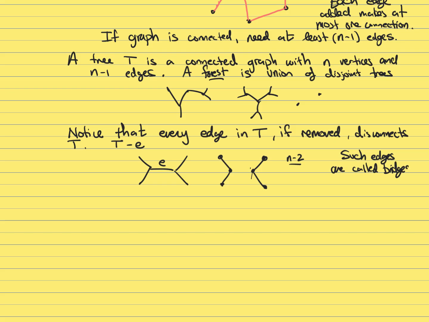I drew a similar picture for the case of Hamiltonian cycles. This was an edge where if you had a graph over here and some graph over here, together it's a connected graph, but if I remove this edge, it becomes disconnected. So that's called a bridge.